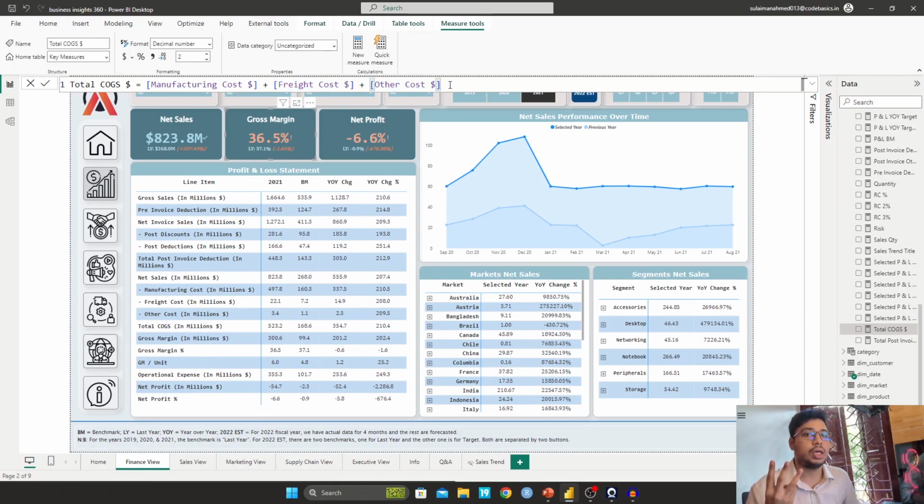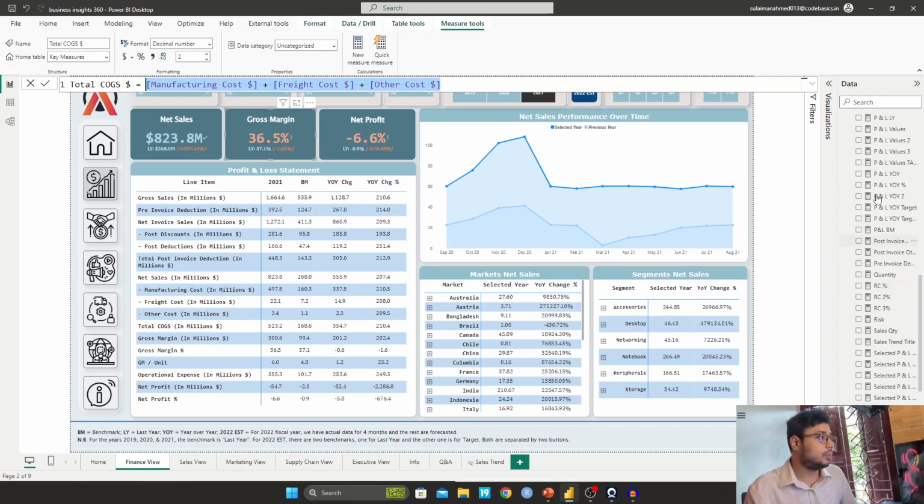Other cost involves the advertisement costs, but not necessarily only advertisement. There could be many other promotional expenses and other things. All these three factors summed together are called the total cost of goods sold.